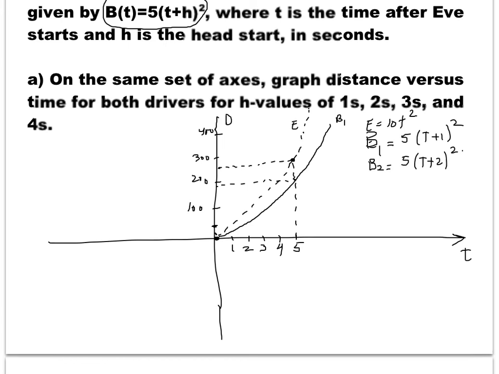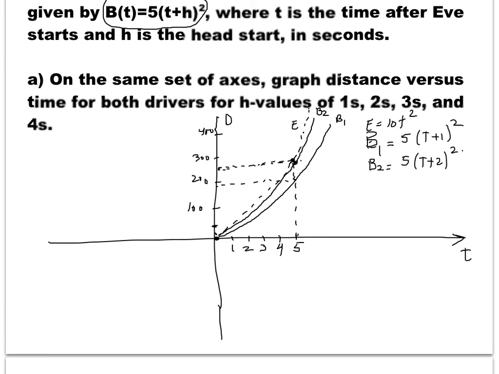So this means that for 5, then it's 245, which is going to be somewhere around here, less than 250. So our second graph is going to be something like this. This is B2.